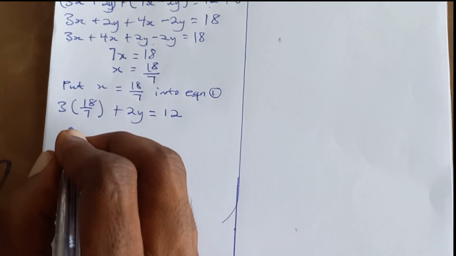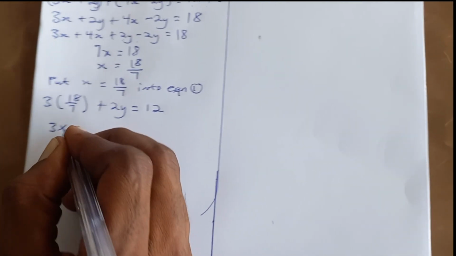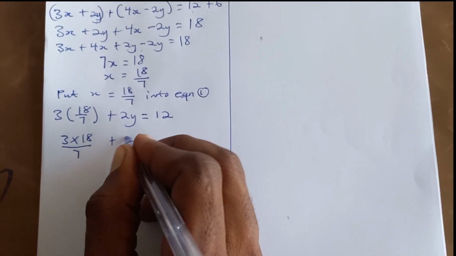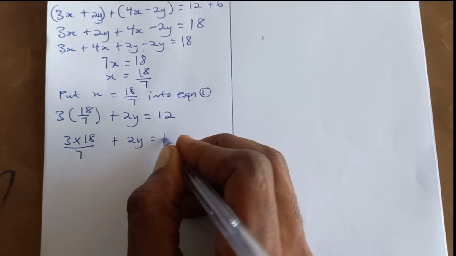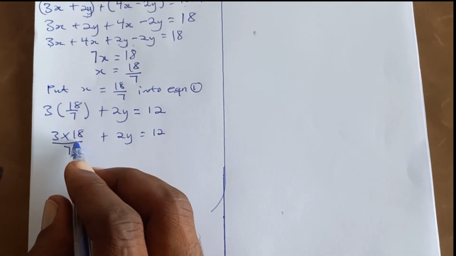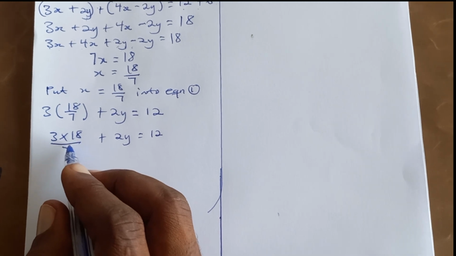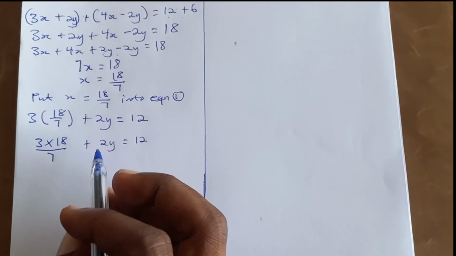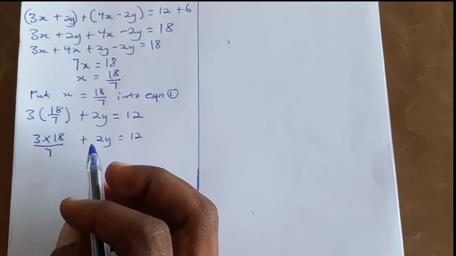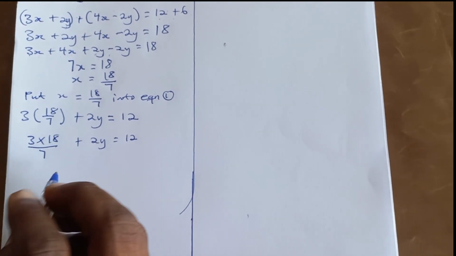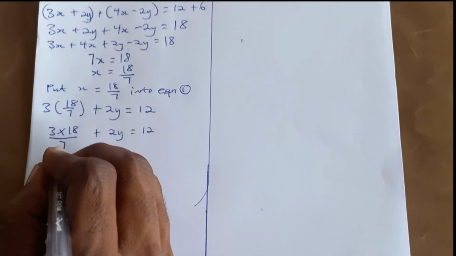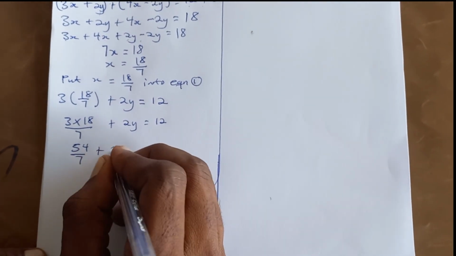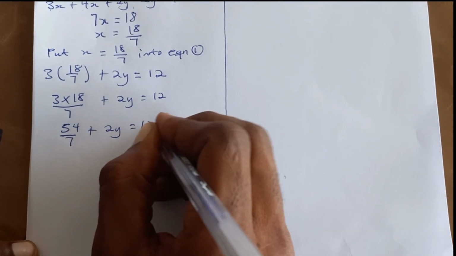We can rewrite this as 3 times 18 over 7 plus 2y is equal to 12. 3 times 18 is giving us 54. So 54 over 7 plus 2y is equal to 12.